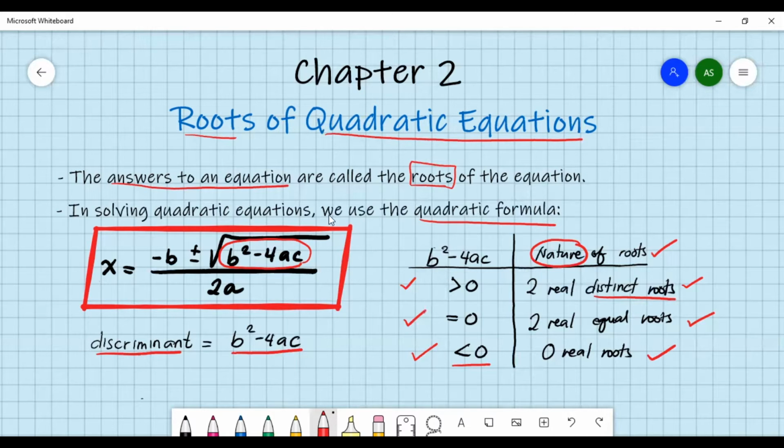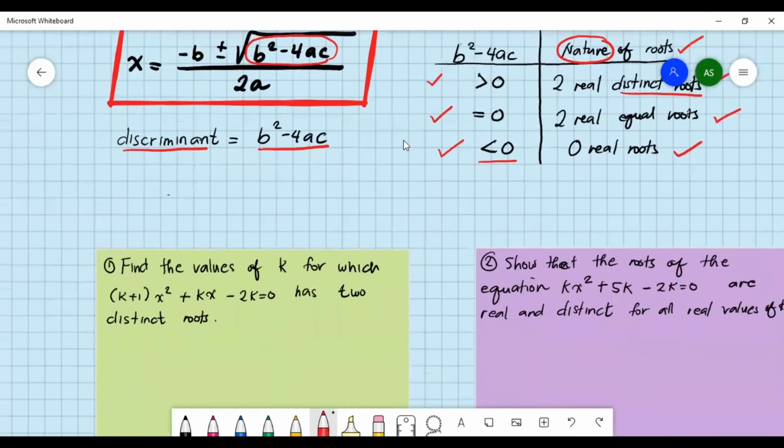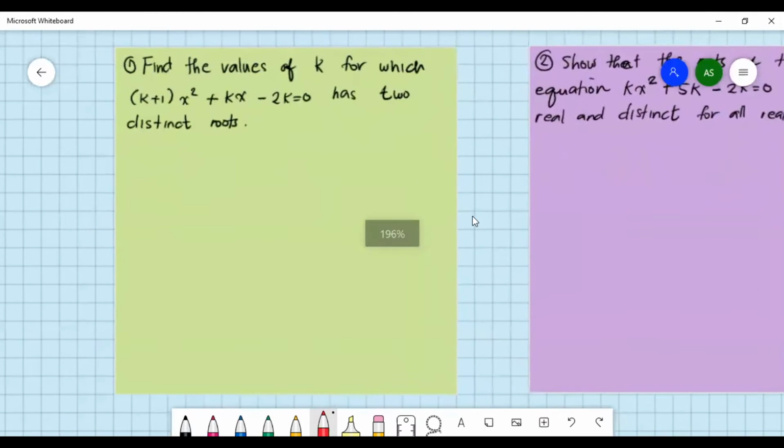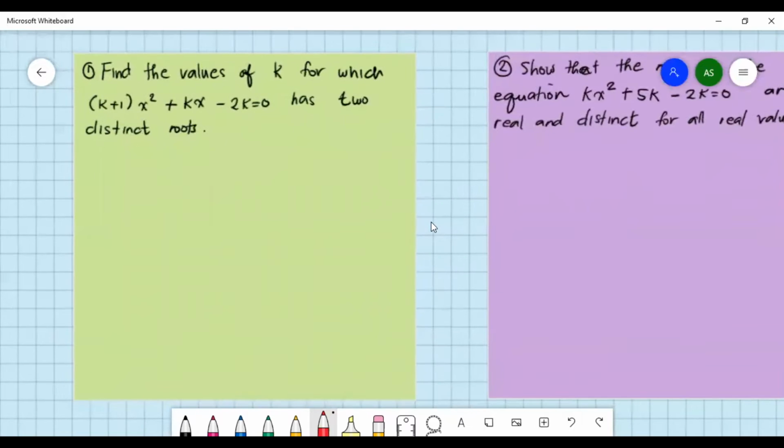So how are we going to apply this in our examples? Let's say you are given item number 1. Find the values of k for which this equation has two distinct roots. Remember from the table earlier, the only time that we will have two distinct roots is when the discriminant, which is b squared minus 4ac, is bigger than 0.